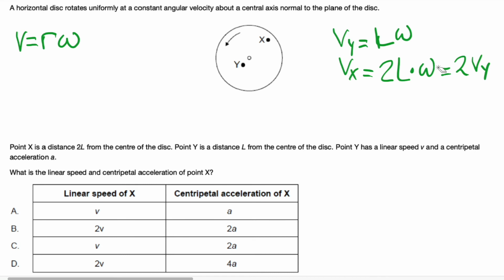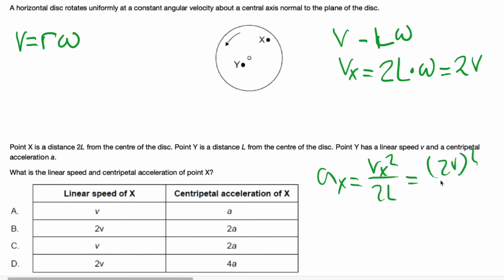And for their centripetal acceleration, I'm going to call y's velocity v here, since the question used v. The centripetal acceleration of x is equal to velocity v_x squared divided by 2L, which is equal to (2v) squared divided by 2L.